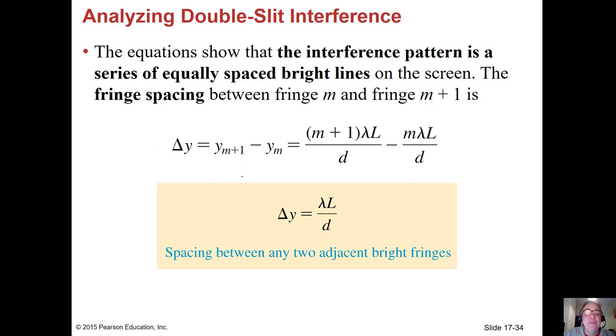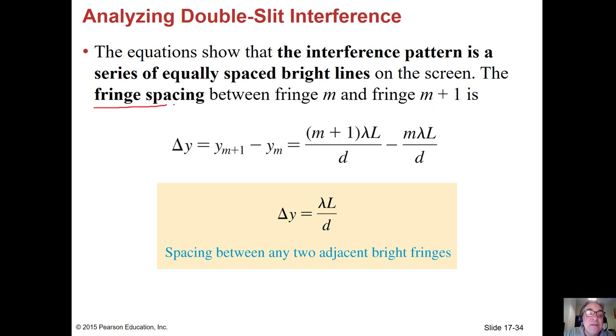So you can do the same kind of thing for half of a wavelength difference in path length to come up with the location of the dark spots. Here, figuring out the interference pattern on the screen is a series of equally spaced bright lines on the screen.